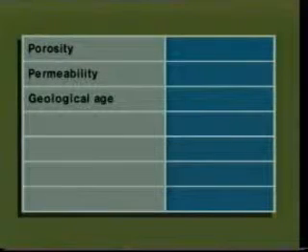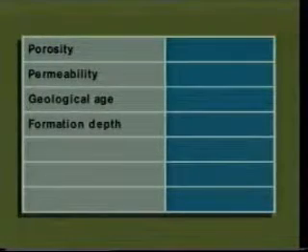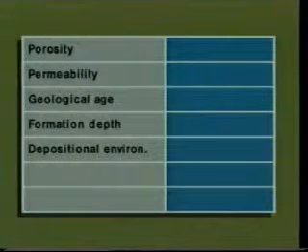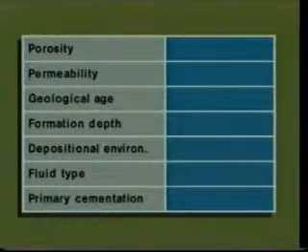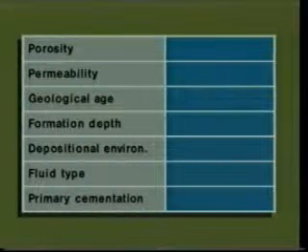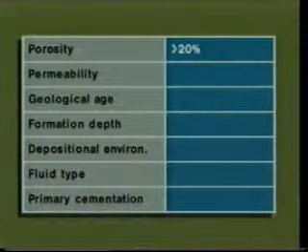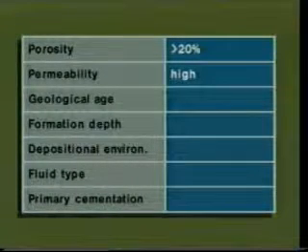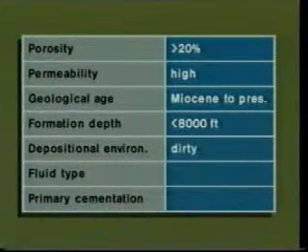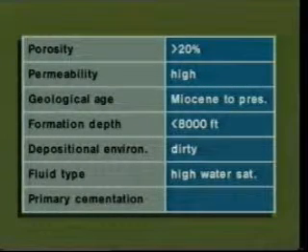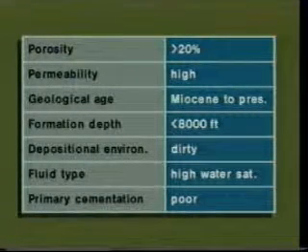The factors that are usually compared are porosity, permeability, geological age, formation depth, depositional environment, fluid type, and primary cementation material. Historically, reservoirs that have sand problems are highly porous, highly permeable, young, shallow, dirty, highly water saturated, and poorly cemented.